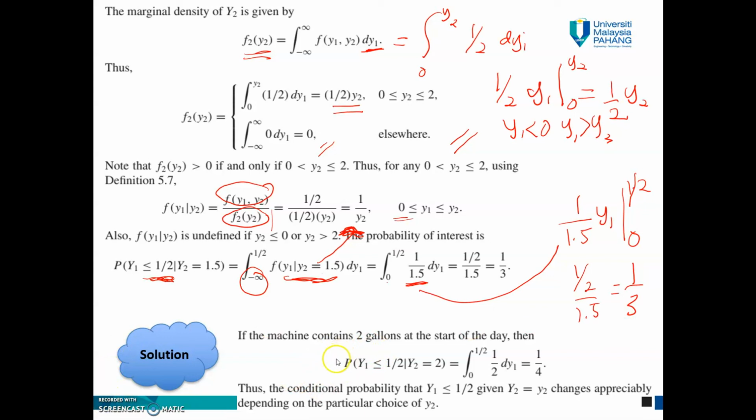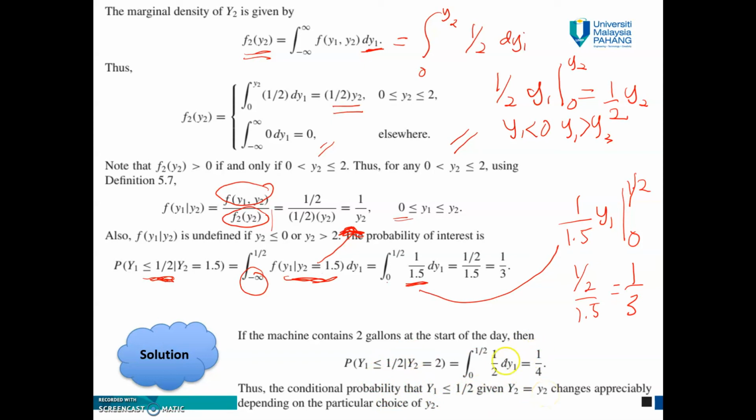And this is another calculation. Let's say we change it so the machine contains 2 gallons at the start of the day. Then what will be the conditional probability that y1 less than half given y2 equal to 2?